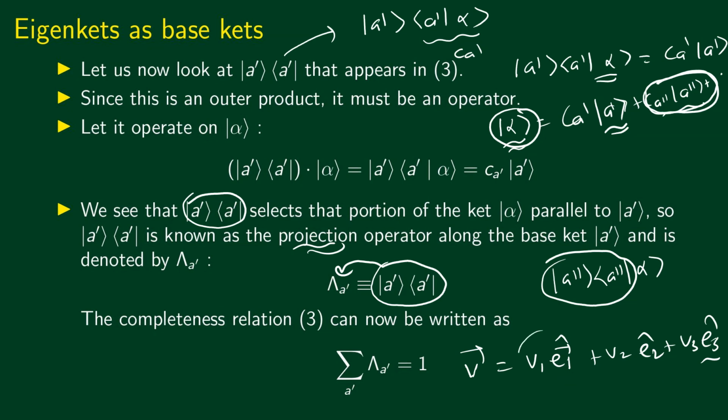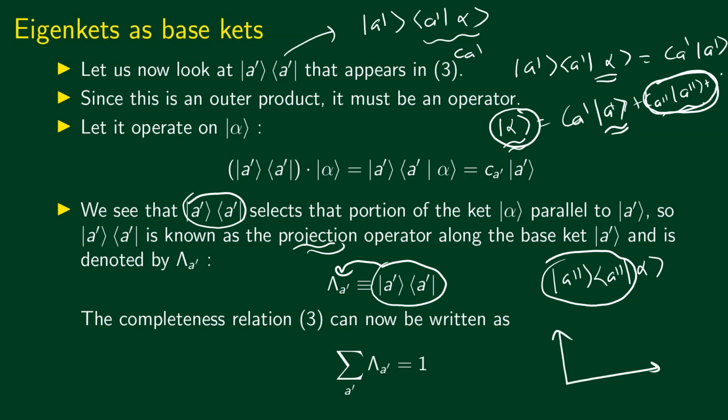We can think of this as the portion of the v vector along the direction e1 hat, or the portion of the v vector parallel to e1 hat. I'll explain it better with a two-dimensional case.